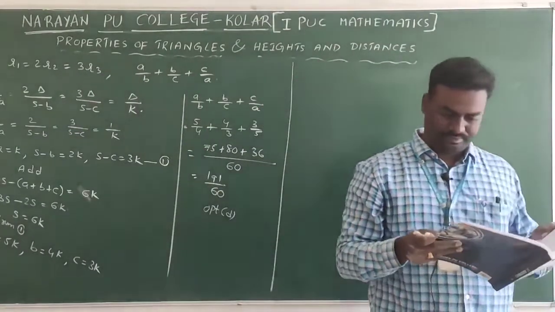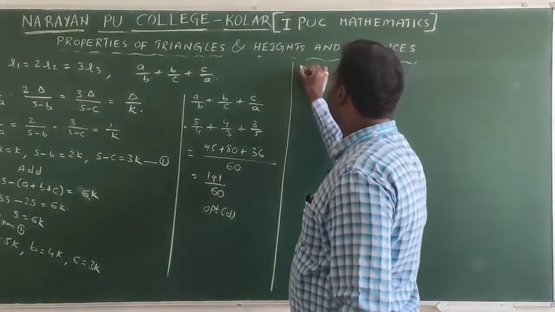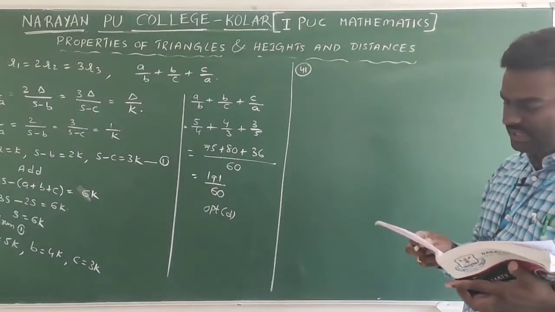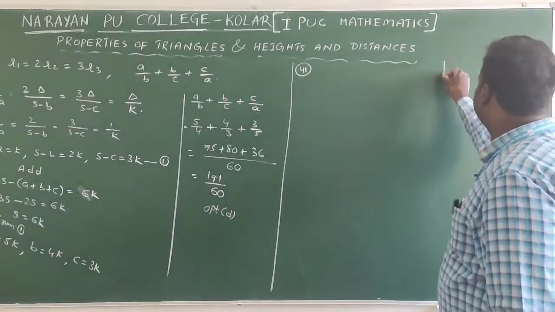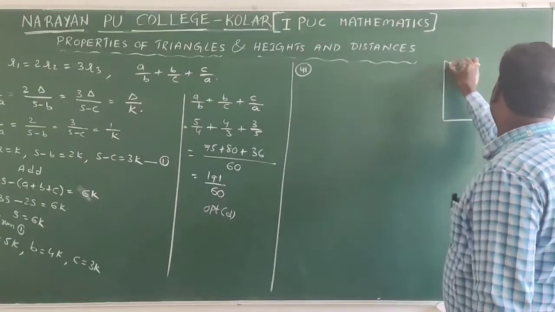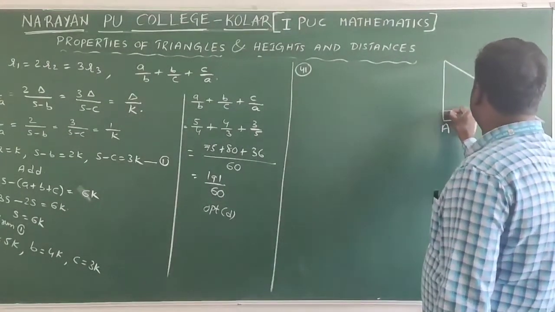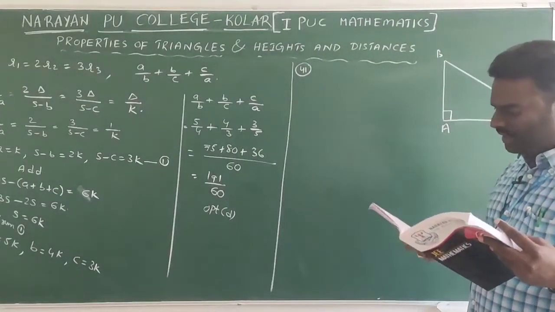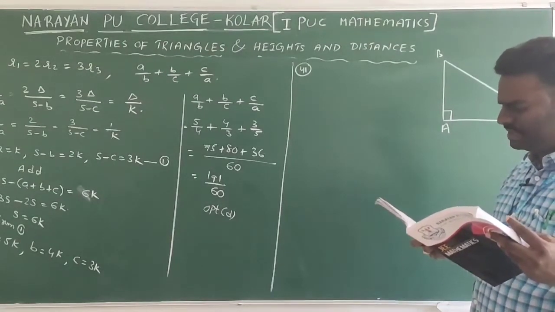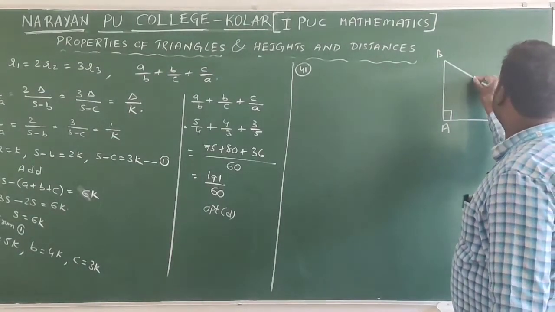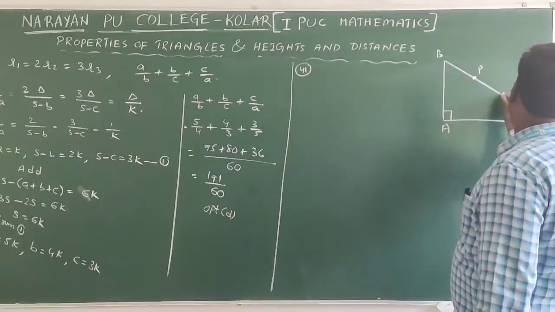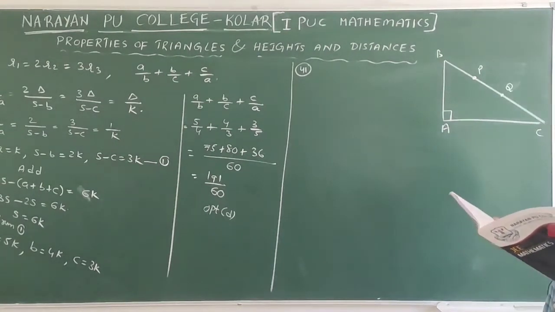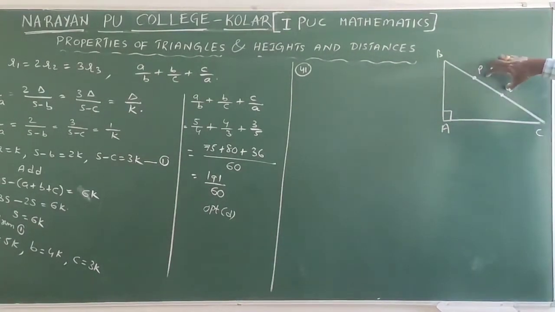Next, 41. See, the given triangle ABC is right angled at A. This is triangle ABC, right angle at A. The points P and Q are on the hypotenuse BC, two points on the hypotenuse BC such that BP equals PQ equals QC.